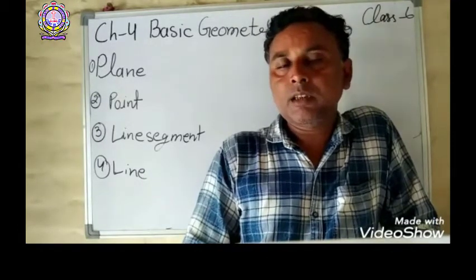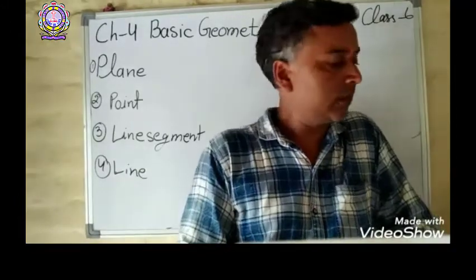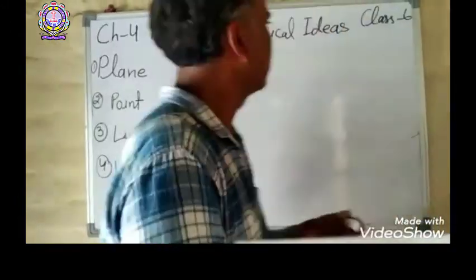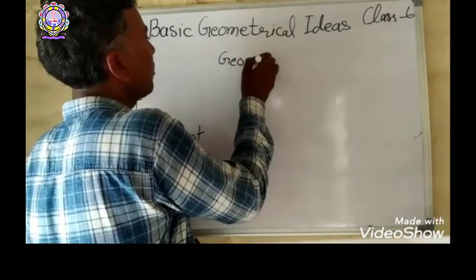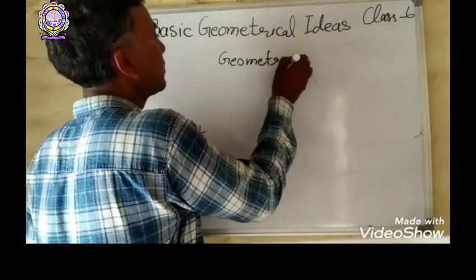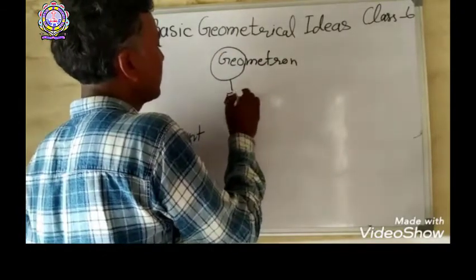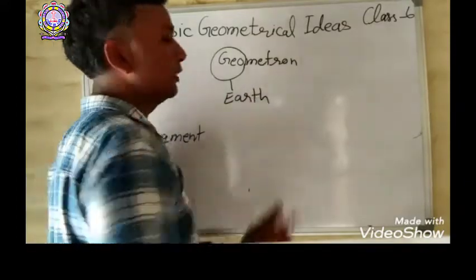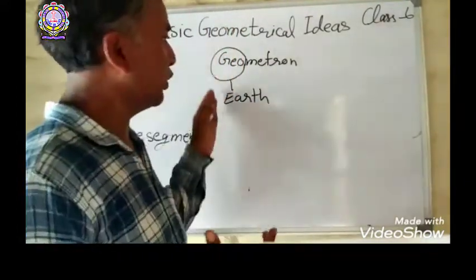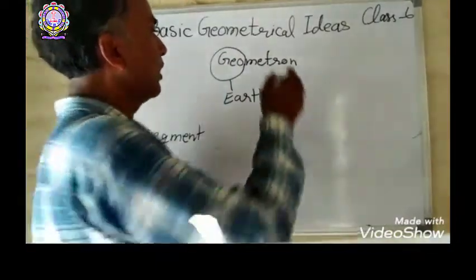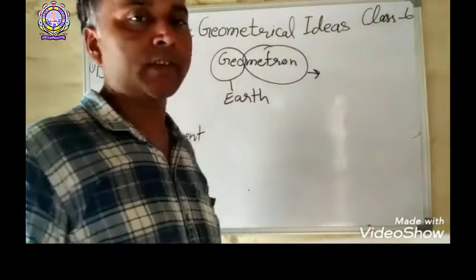It comes from the Greek language, that is geometron, where geo means earth. You know, in geography, geo means earth, and metron means measure.